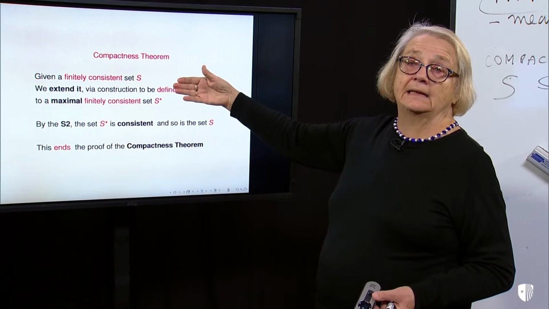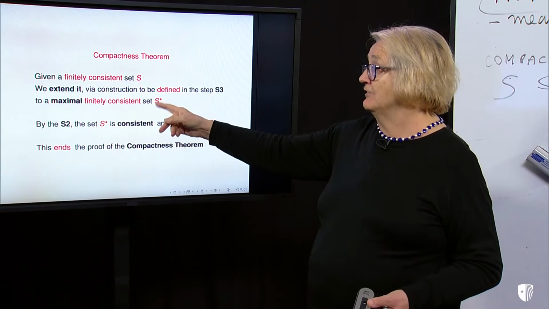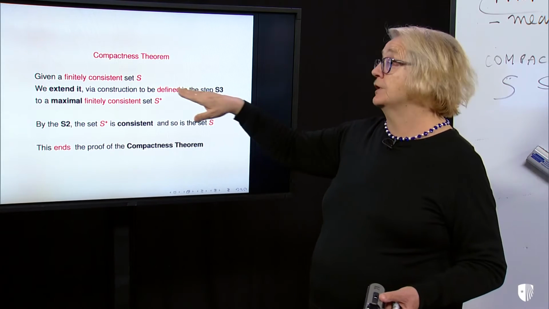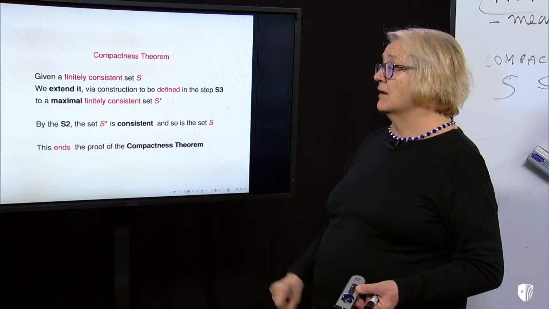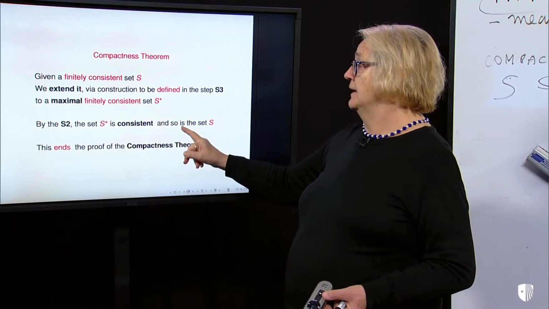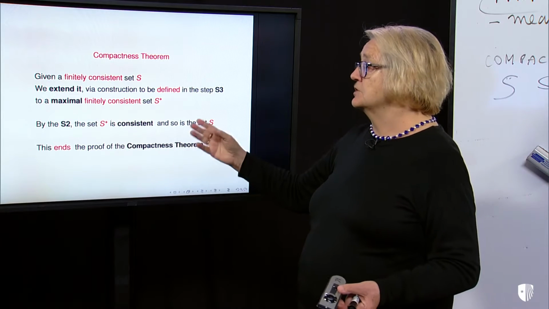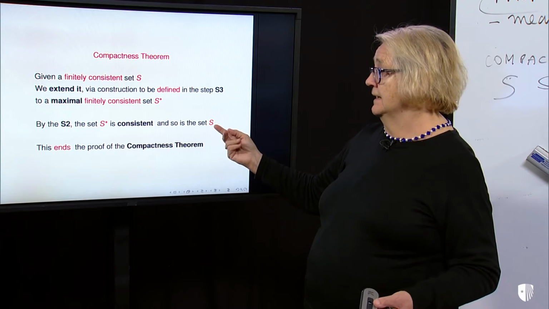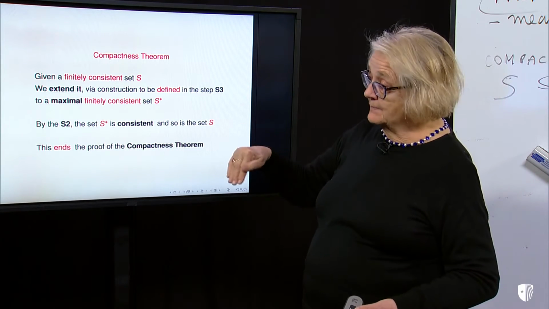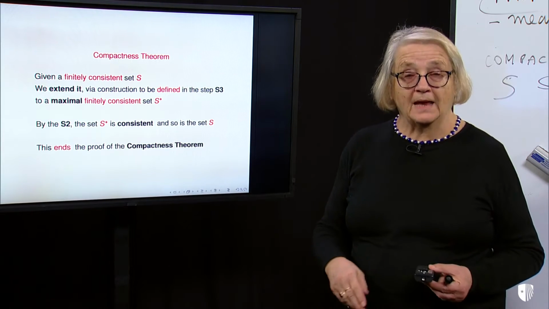Given a finitely consistent set S, we extend it by construction, which I will show you, to S star. By step 2, the set S star is consistent, so is its subset S. This ends the proof of the compactness theorem.